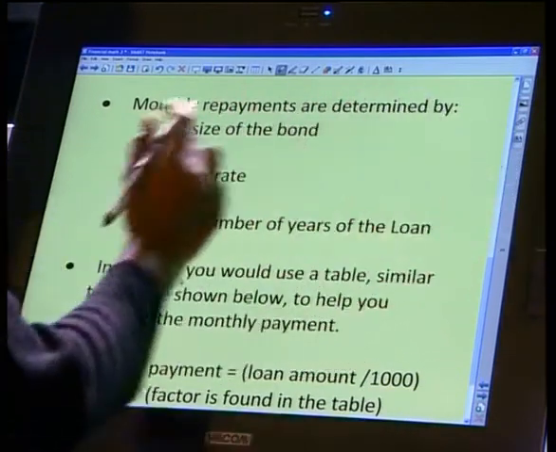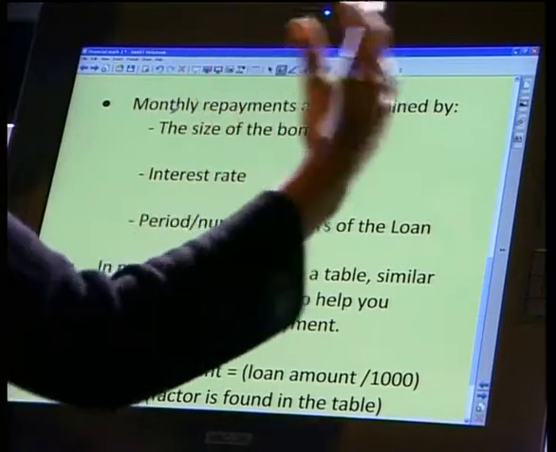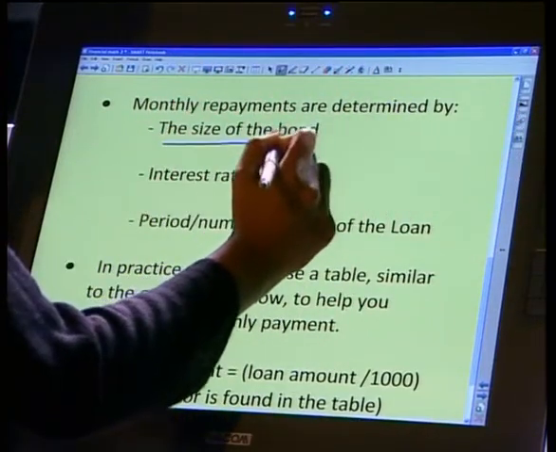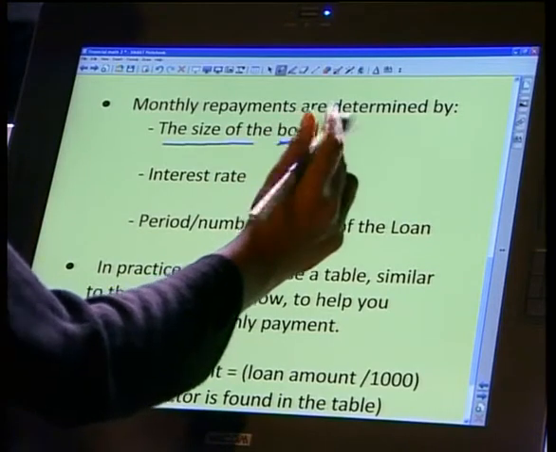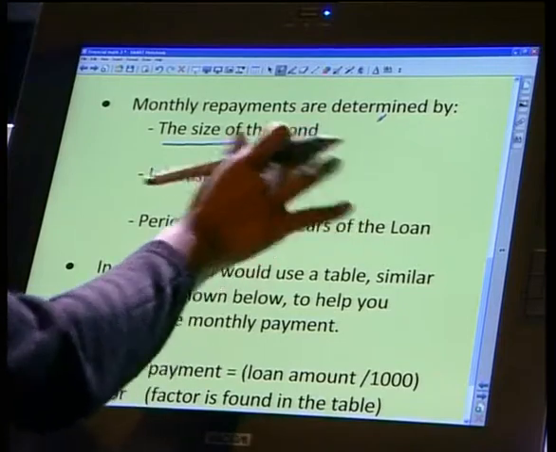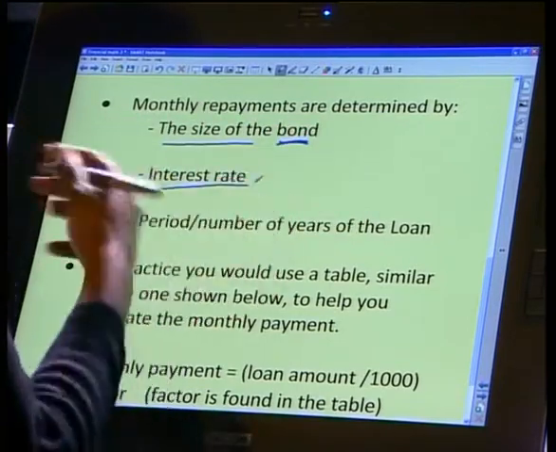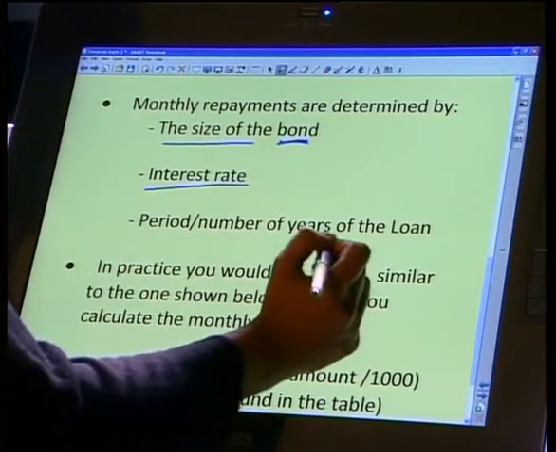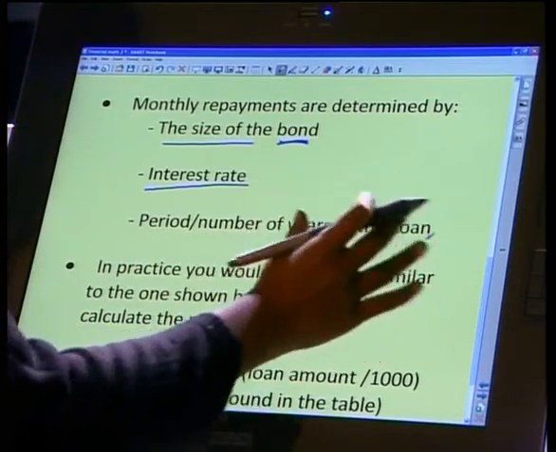The monthly repayments, so every month what amount is paid back to the bank, that's determined by the size of the bond. Bond is just another way to say the amount of money that you borrowed in order to buy your home. The interest rate, whatever interest rate is effective over that period, and the number of years of the loan. Okay, so how long you have the loan for.